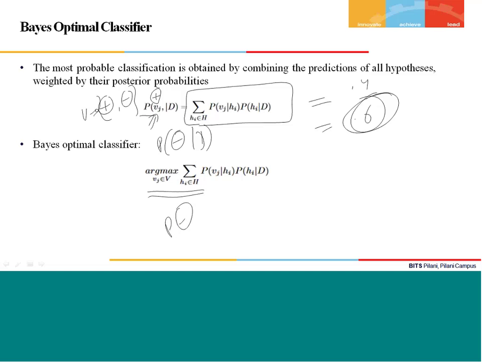So you go to every hypothesis and ask their classification, and you do the weighted sum, and finally you come up with the weighted sum for positive classification in probability terms, and the sum for the negative class. Whichever is the maximum between positive and negative, you classify that sample according to that one.